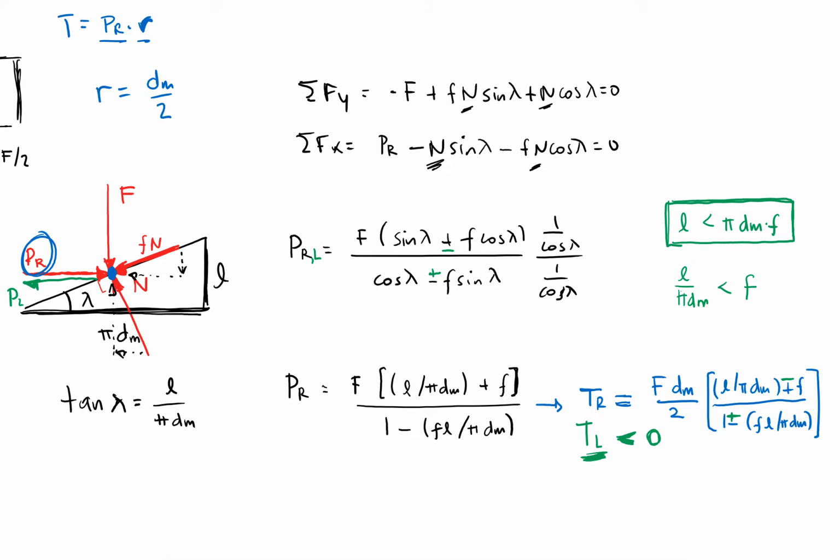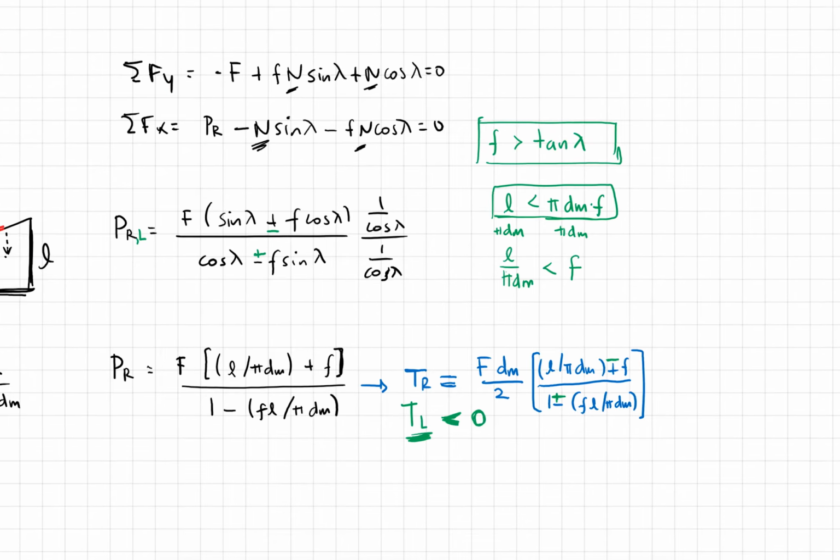And just to organize that a little bit more, if we divide by pi dm on both sides of the equation, I would just have that f has to be greater than tangent of lambda. So basically this is what we check. If we have the angle lambda, if not, we would just use this previous one that I had boxed.